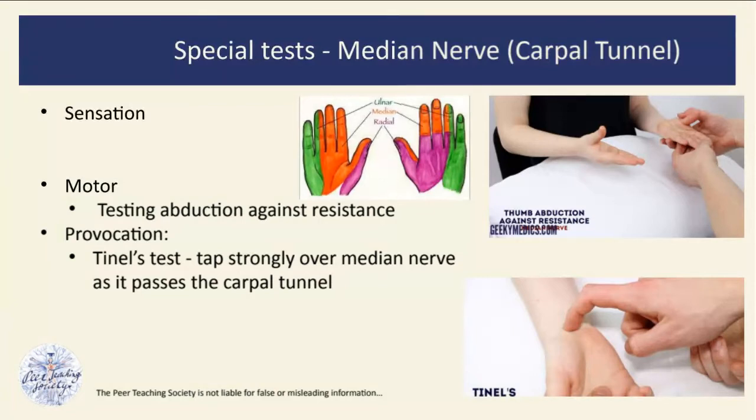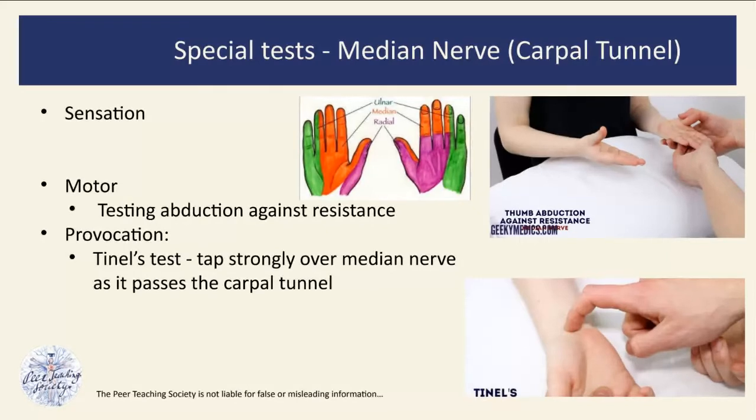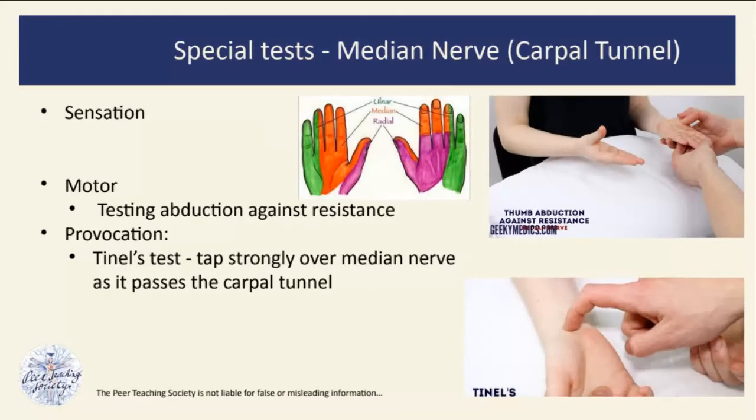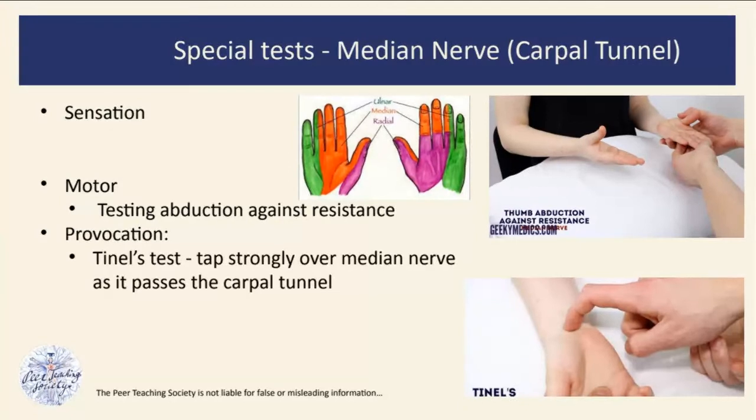So remember the thumb going to the ceiling, and then pushing down on it and seeing if they can keep their thumb up. And then there's a few different tests in the handbook, but I thought this one was the easiest. Tap on the carpal tunnel, as shown on the diagram. If they get any weird sensation, any tingling, any pain, any discomfort, you can go on to a further test that's written in the handbook, to confirm your diagnosis, but that should take the marks.